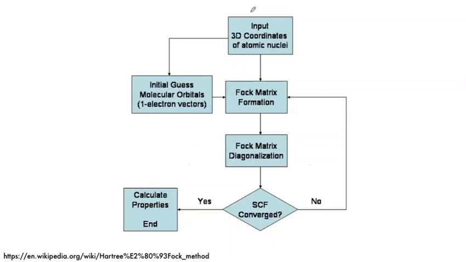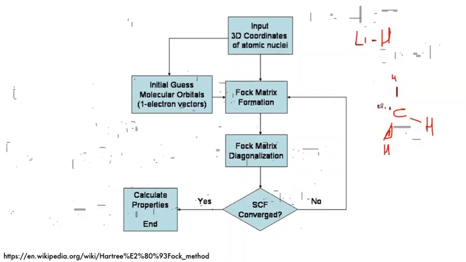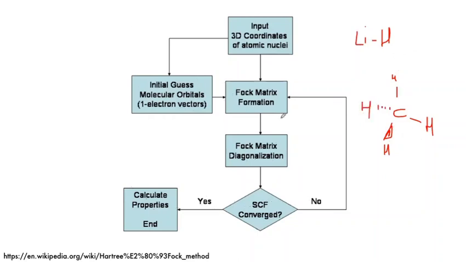So we input 3D coordinates of the atomic nuclei. So in the case of lithium hydride earlier, put lithium and hydride together like this, or if it's methane, we'd put in coordinates for each one of the hydrogen and carbon atoms. So we would draw these out using something like Avogadro, VMD, whatever you choose to use, or even JMOL.